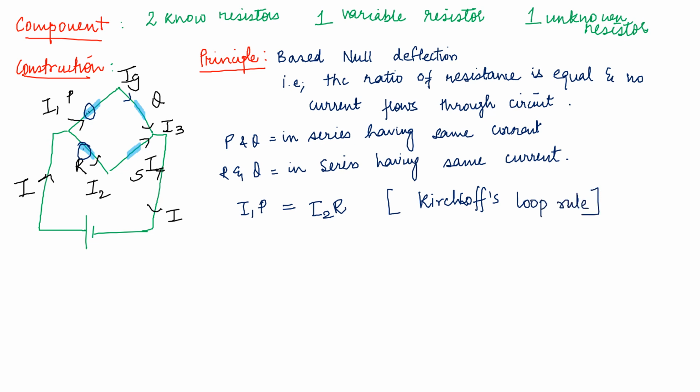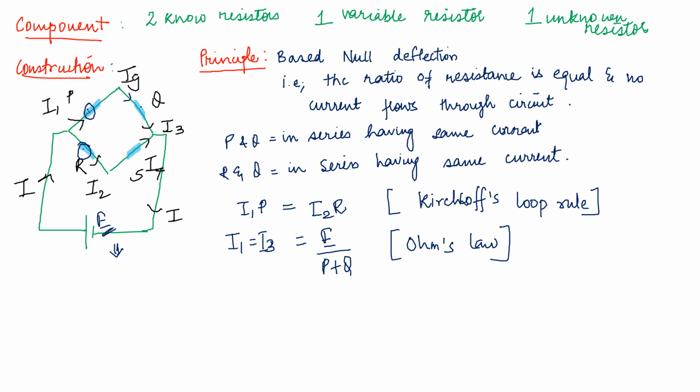Okay, and now I1 equals I3, which is equal to EMF divided by P plus Q, and this is coming from Ohm's law. How come? I'll make another equivalent diagram of this.